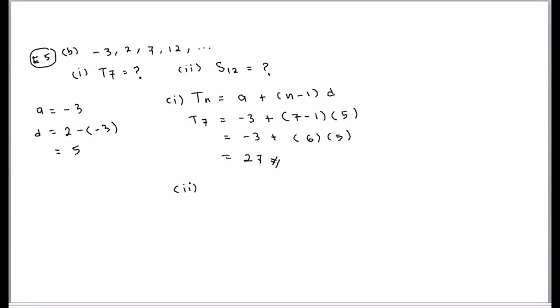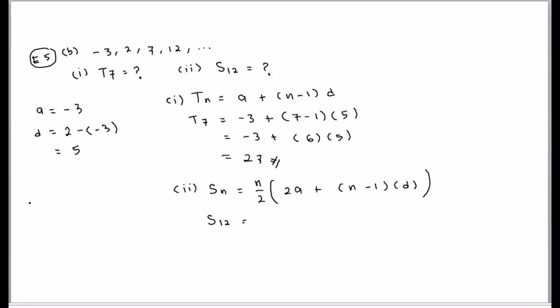Moving on to the second question, we want to find the sum, S12. We can use the formula of sum: Sn equals n over 2 multiplied by 2a plus n minus 1 multiplied by d. And this time we want to find S12. S12 is the sum of the first term until the 12th term.